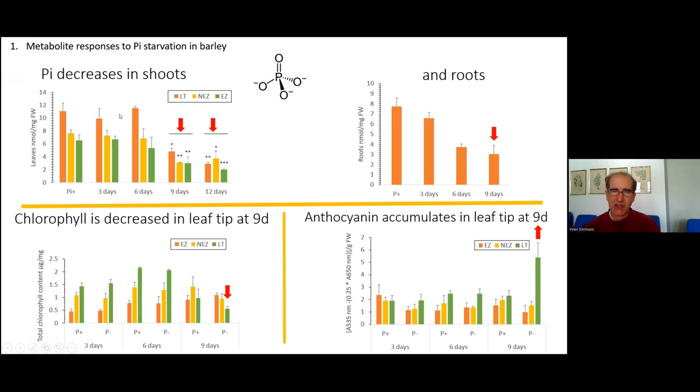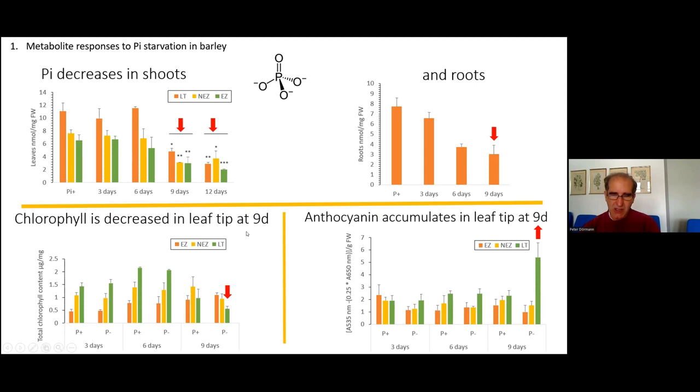In the leaves, we measured leaf tip, middle part, and the bottom part, which is the growing part, the elongation zone. First, phosphate in the leaves, to see when the phosphate starvation starts in the leaf, and you can see that after 9 days phosphate content is suppressed. So after 9 or 12 days, we have a significant phosphate starvation response. In roots, even earlier, already after 6 days.